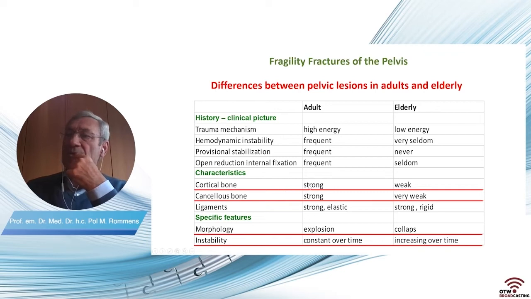The most striking difference in the patients themselves is the strong cortical and cancellous bone in the adults, and the weak and very weak cortical and cancellous bone in the elderly population. So that gives a different morphology to these fractures. I will come back to that later. And even if the patient is treated conservatively, there may be an increase of instability over time.